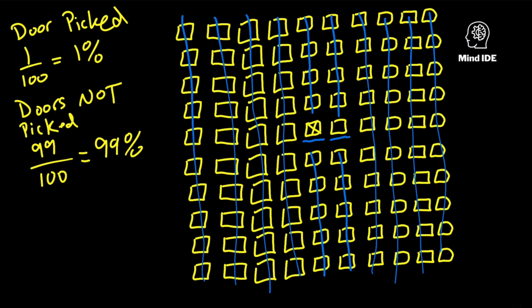So, again, some intuitive perspective might make you think this is a 50-50, but it's not. Because the odds haven't actually changed. So this door that you picked is still 1%, and the doors that you haven't picked, whether these are open or not, are 99%. Which means this one door now has a 99% chance of being the correct door, and this door that you originally guessed has a 1% chance. So you should definitely switch.